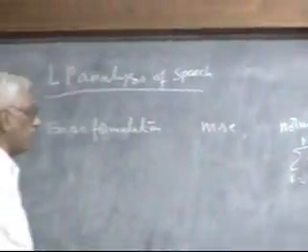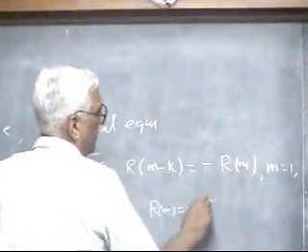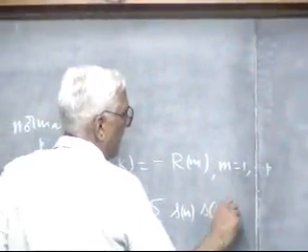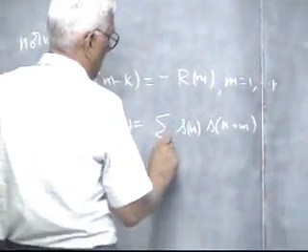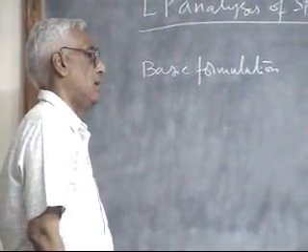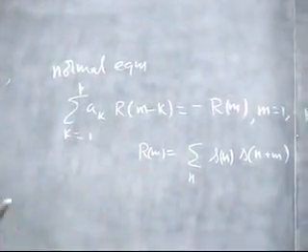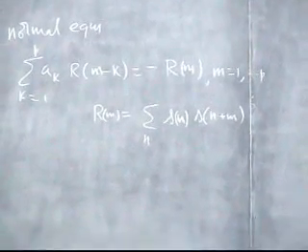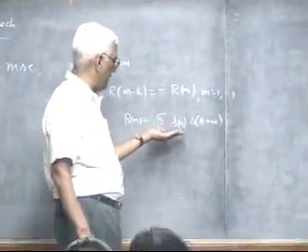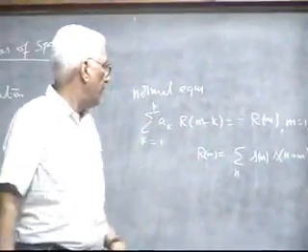So these are the normal equations, where R(k) or R(m) is simply the sum over n of s(n) times s(n plus m). So given the data, that is the signal, let's say in this case speech, over some block of data, you can just compute these autocorrelation coefficients for the different lags that you need.